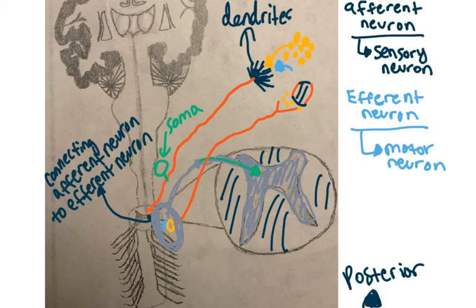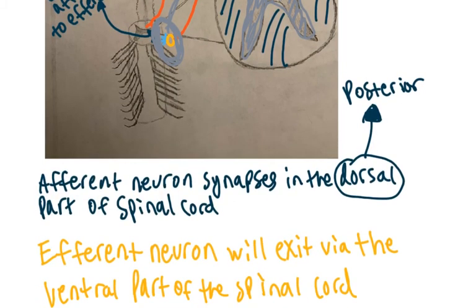I just couldn't show it properly because we ran out of room. But make sure to pay attention to that detail. Let's go ahead and even write that down. So that for the efferent neuron, it's still in the gray matter of the spinal cord, especially in the anterior part of the spinal cord.